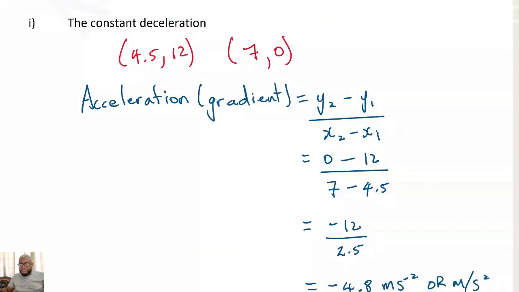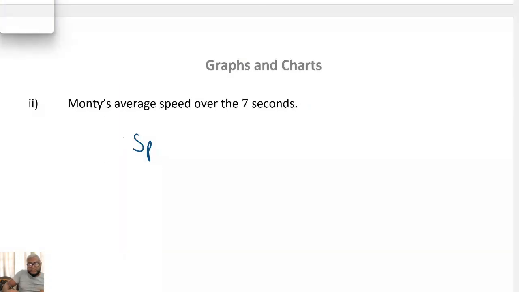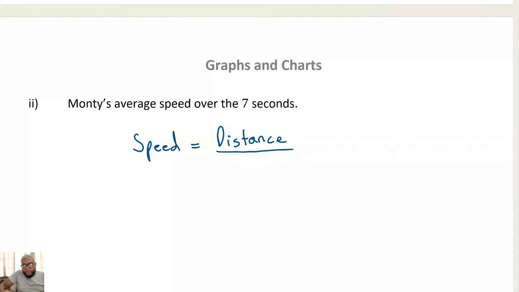Everybody have this? Right. So speed is equal to what? Speed is equal to distance over time. Excellent. That's the kind of pace I'm looking for.